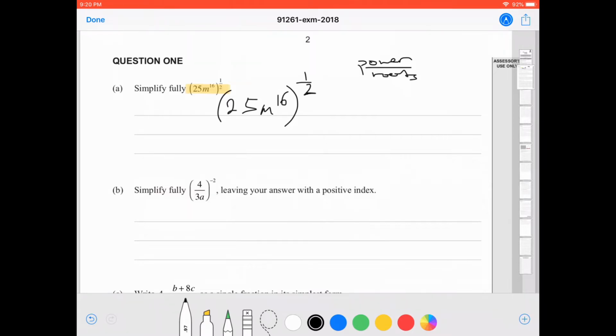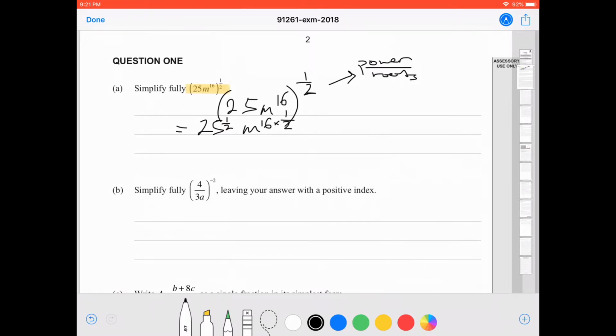Basically, each term inside our brackets is being raised to this 1/2, and so the first thing we can say is 25 to the power of 1/2 times m to the power of 16, and we've got powers on power, so it's going to be 16 times 1/2.